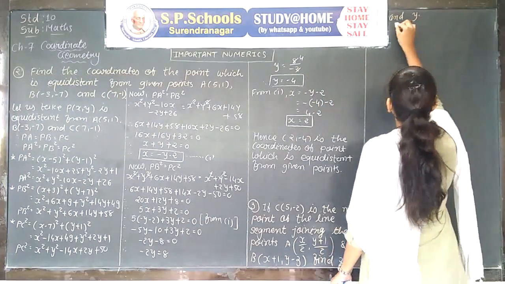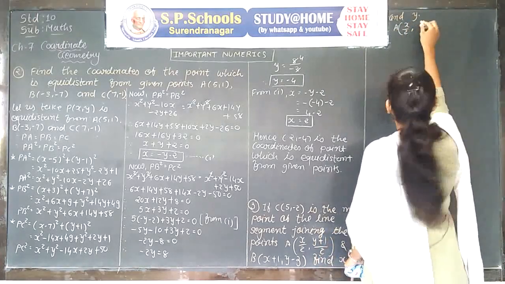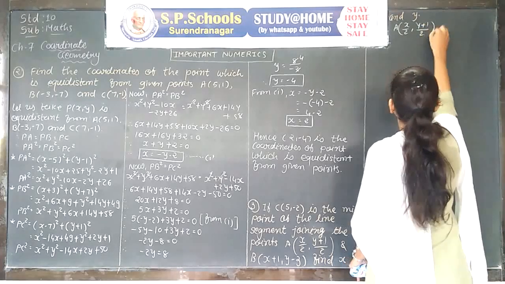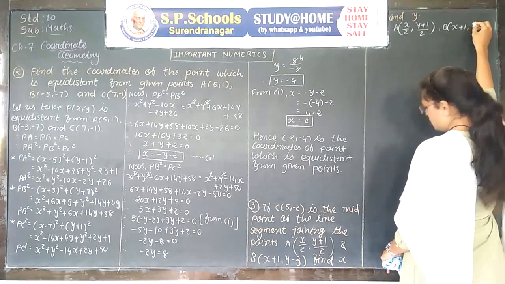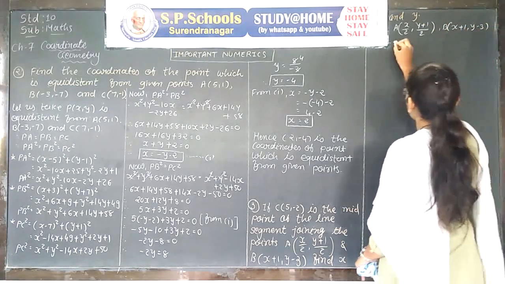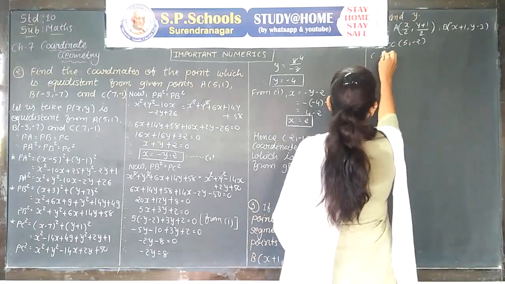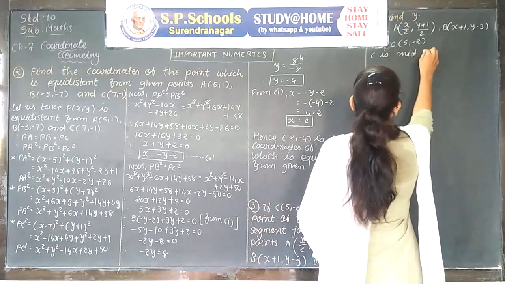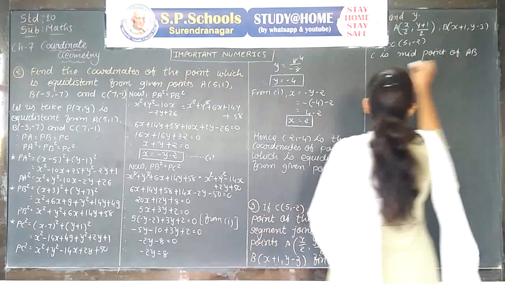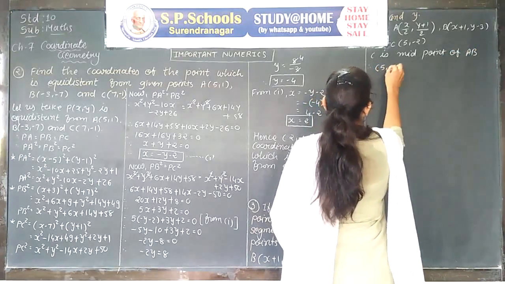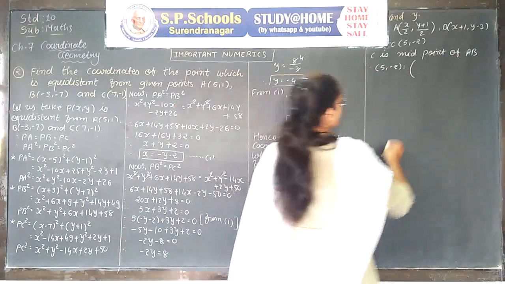Three points are given: A, B, and C(5, minus 2). C is the midpoint of AB. That's why the coordinates of C(5, minus 2) are obtained by finding the midpoint of line segment AB.